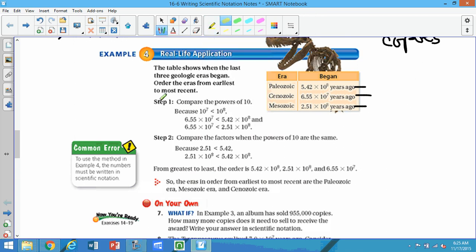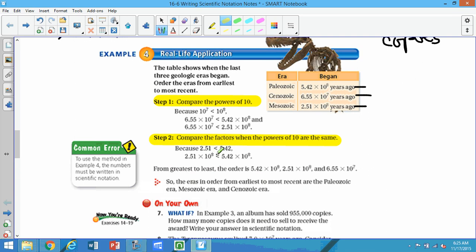Step 1, compare just the powers of 10. That should help you, because if you have a 10 to the 7th and a 10 to the 8th, 10 to the 7th is going to be smaller than 10 to the 8th, because that 10 to the 8th has an extra place value. So that's one way of doing it. When the powers of 10 are the same, you can compare the factors.